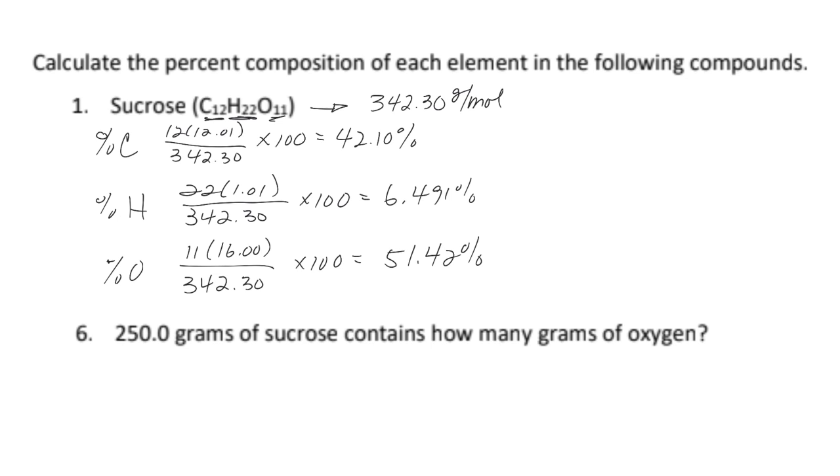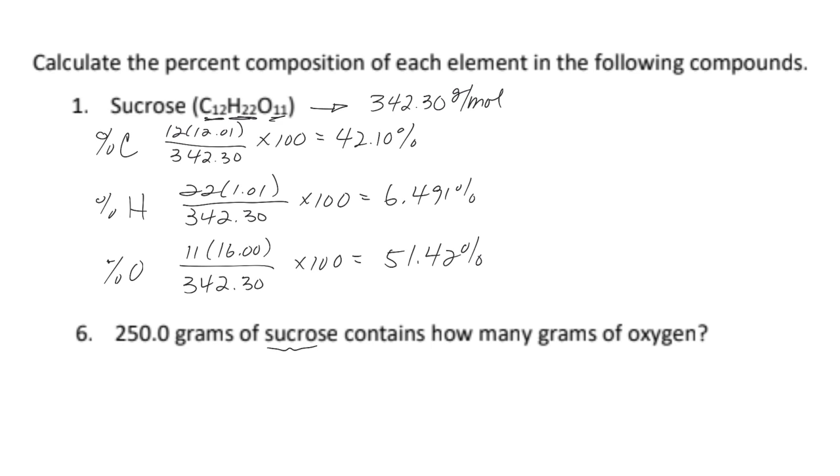All right, number 6 is using the percent composition as another method to determine the amount of a certain element in a sample. So we can use train tracks and use the ratios of our subscripts, or we can just use a percent composition.